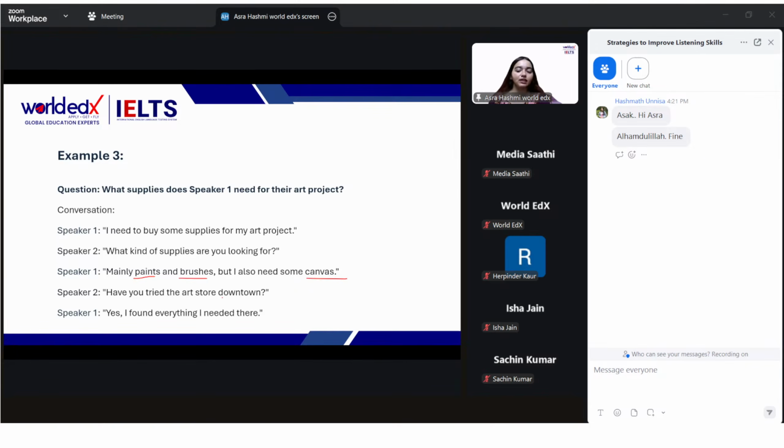He could have said all three at once, but he chose to add this extra information. Now there are three things that the person is looking for, not only the paint and the brushes, he's also looking for canvas. So if there is an option with these three, you will have to mark it as the correct answer. Again, in listening maybe you make errors, but if you're listening actively, that will not happen.